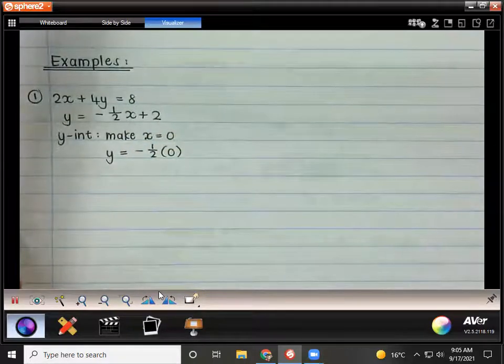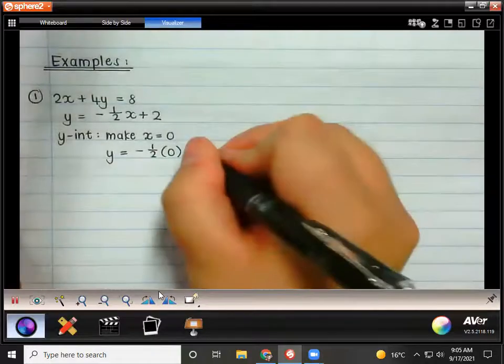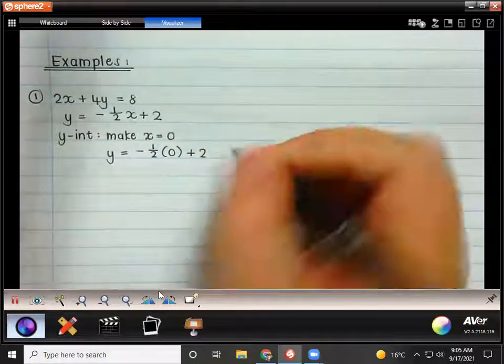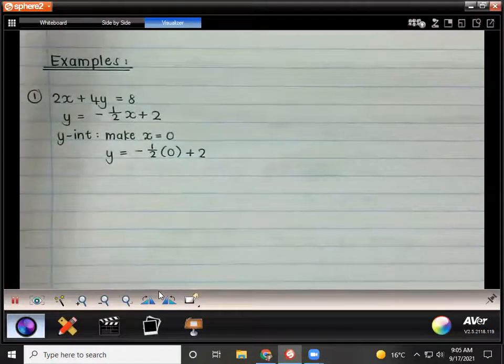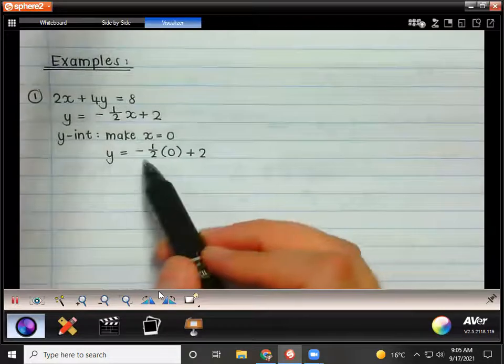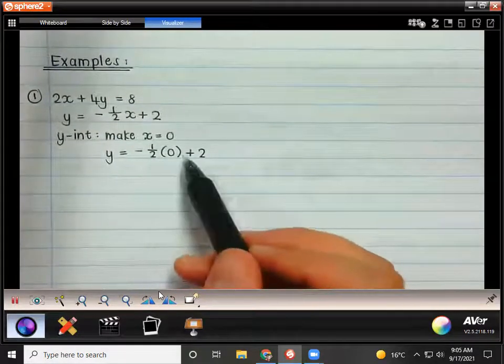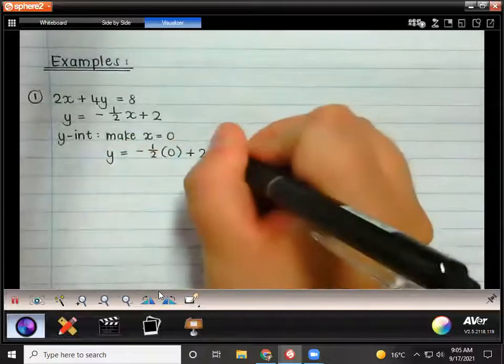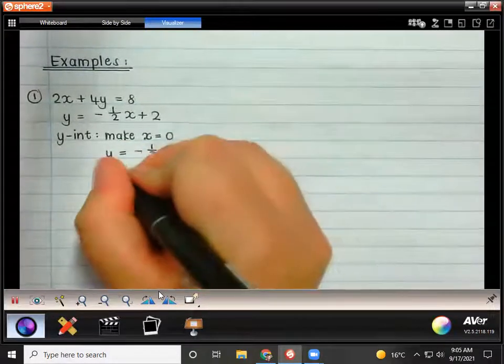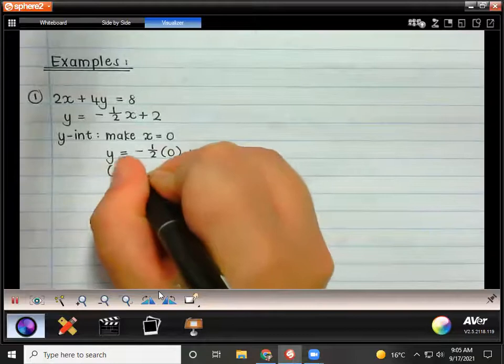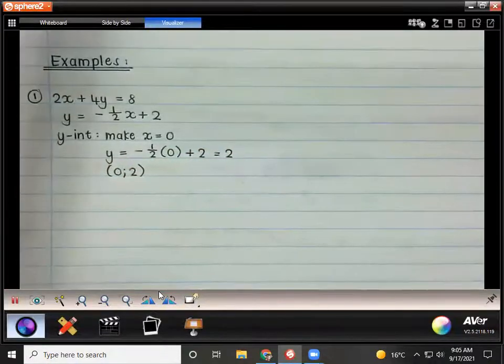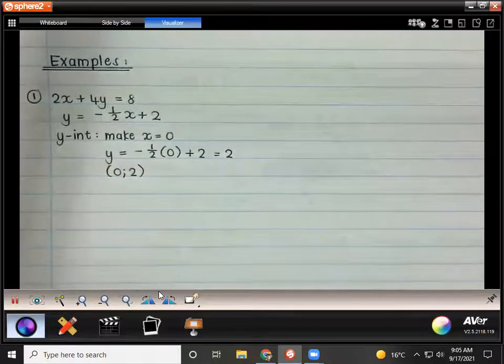So wherever we have x, we now make that 0, plus 2. And we all know that negative a half multiplied by 0 is just 0, plus 2 is just 2. So our y-intercept is 0, 2. The point 0, 2. X is 0, y is 2.